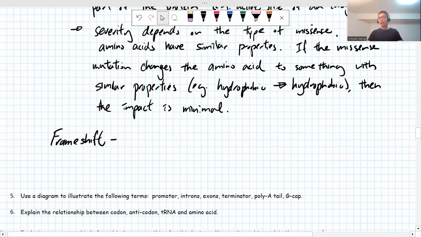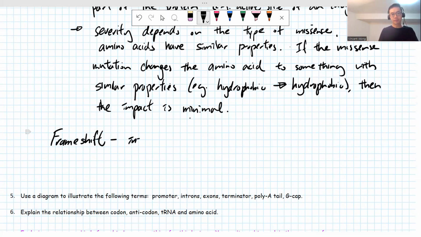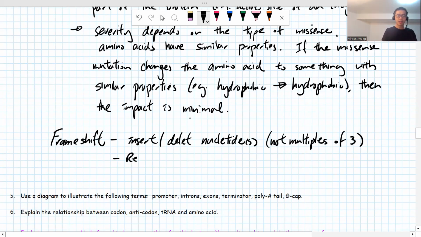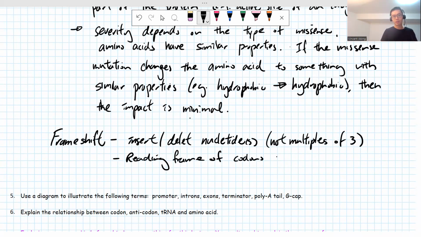Right. Frame shift is when you insert or delete a nucleotide, not a multiple of 3. Then what will happen is the reading frame of codons shifts.